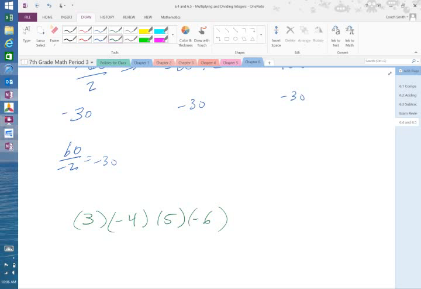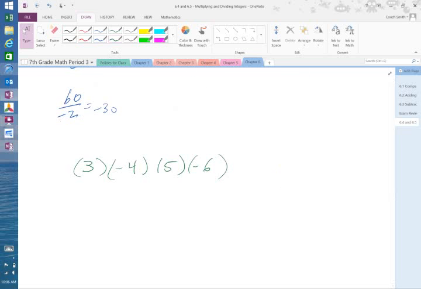Okay, but for our purposes, I want to look at this. Now 3 times negative 4 is negative 12 because there's one negative sign. Okay, now I rewrite the problem. So what is negative 12 times positive 5?